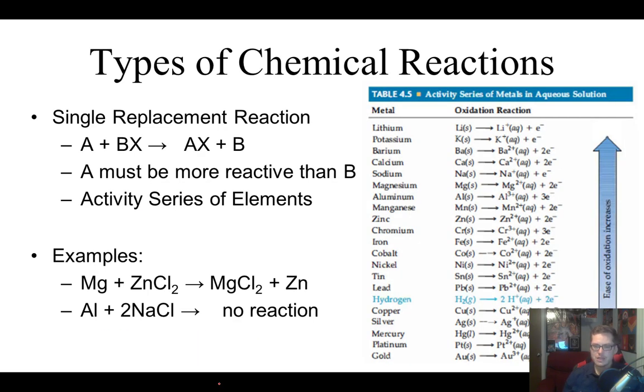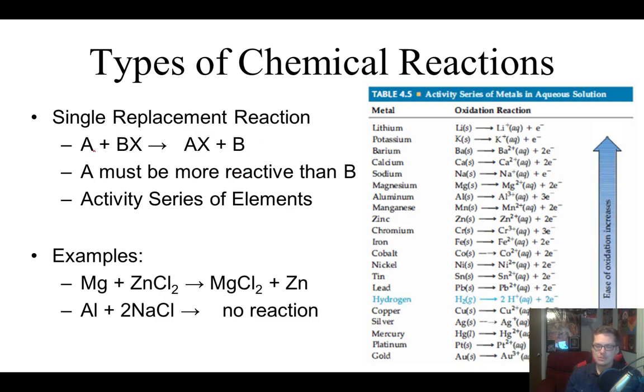Next type of reaction is a single replacement reaction. If you look at this, just remember the front half of the alphabet: the letters from the front half in our notation are cations, positive elements, and the latter half of the alphabet we represent as anions.